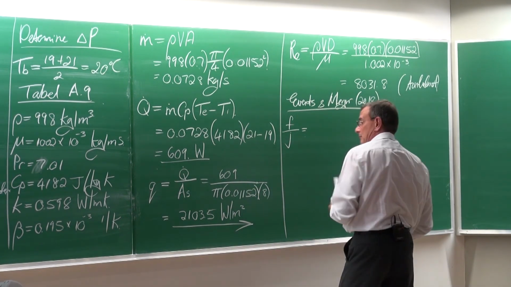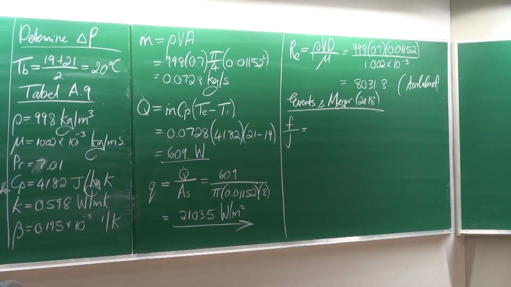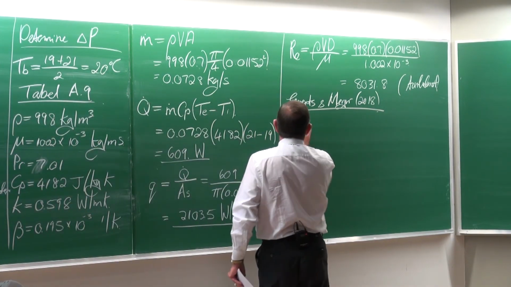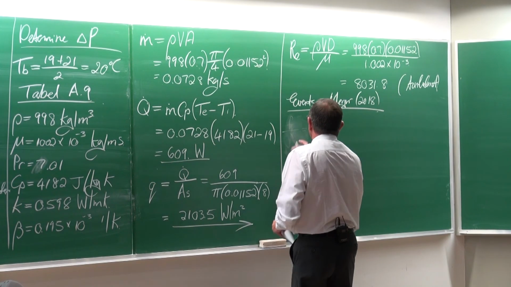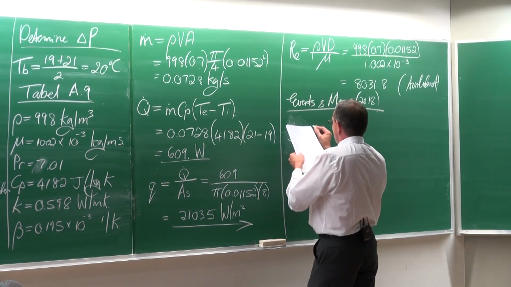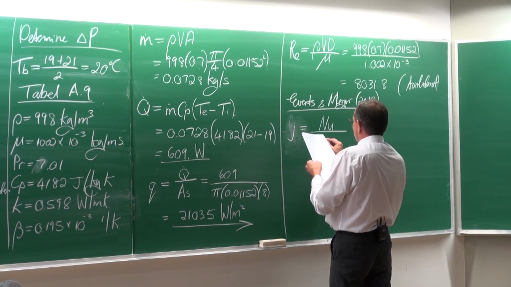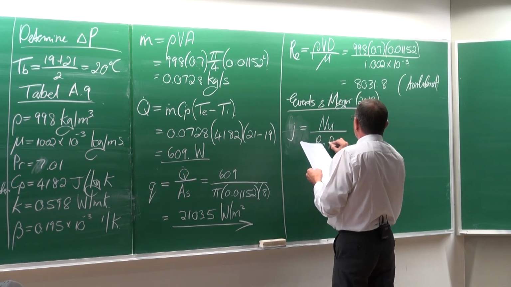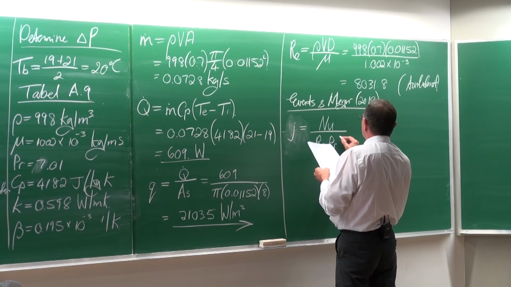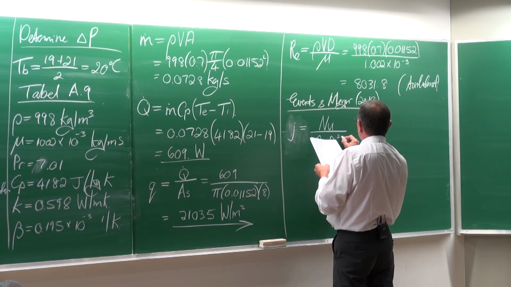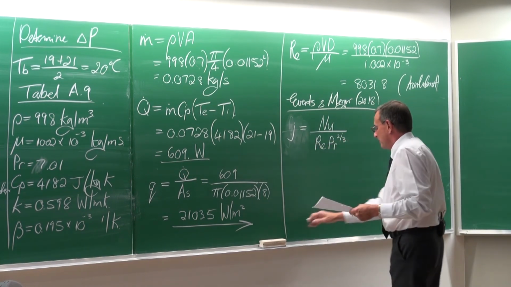Before I do that, let me just calculate the J factor. The J factor by definition is equal to the Nusselt number divided by the Reynolds number, Prandtl to the 2/3. No, 1/3, sorry.